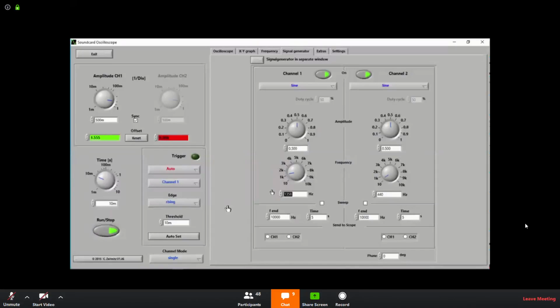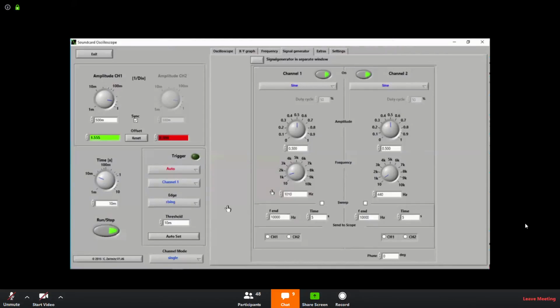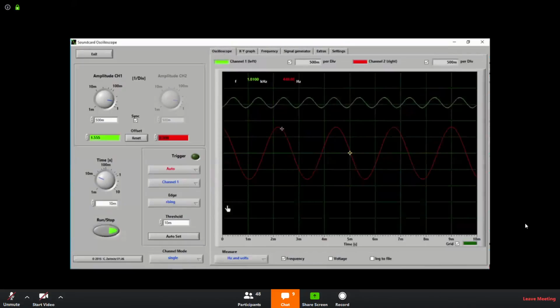Suppose I put 1010 hertz here. Okay, see, the frequency of the second signal has changed. It is not stable because we need to set the trigger point.